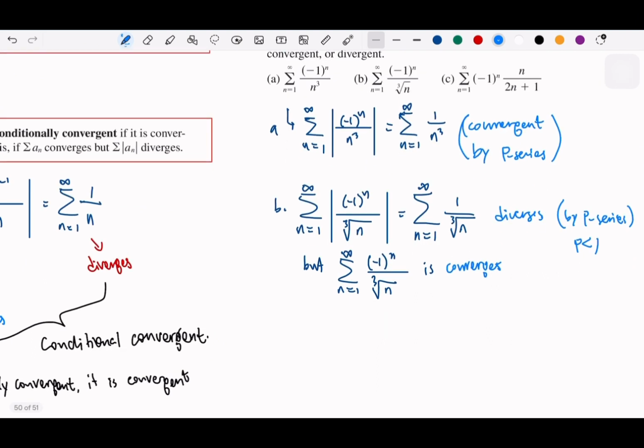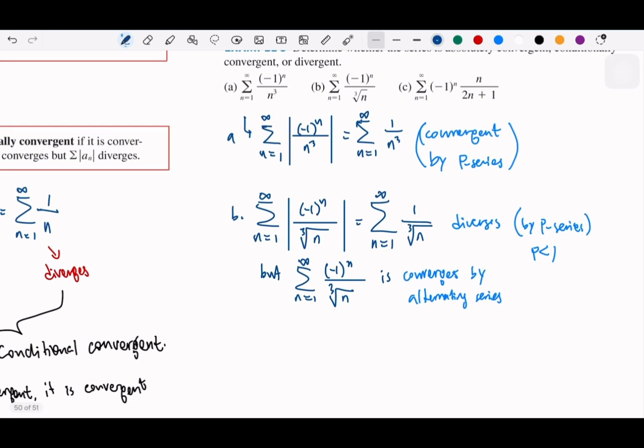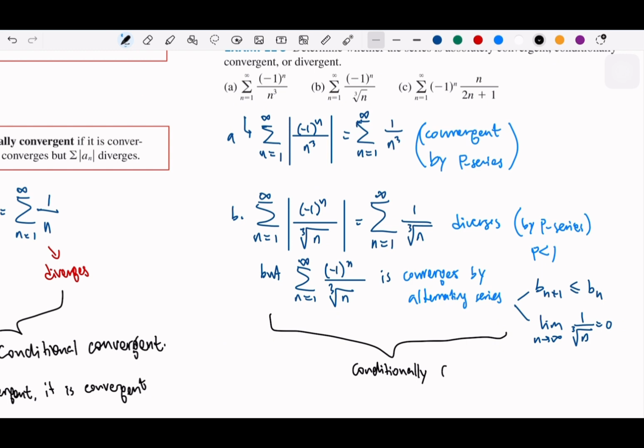It converges by the alternating series, which you can prove by showing that b_n plus 1 is always decreasing, and the second is the limit. This limit is also 0. So for number B, we call this conditionally convergent.